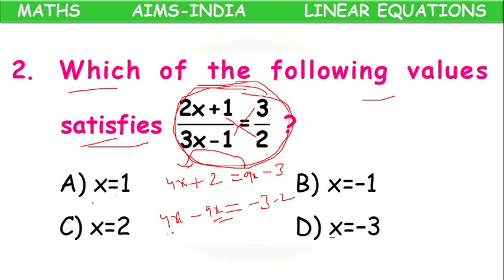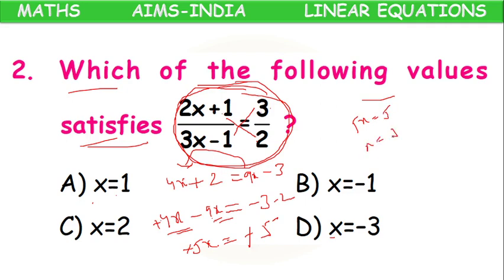Minus 9x plus 4x. Both have opposite signs, so take the difference: minus 9 plus 4, minus 5x, equals minus 3 minus 2, which is minus 5. Minus minus cancel. We have 5x equals 5.